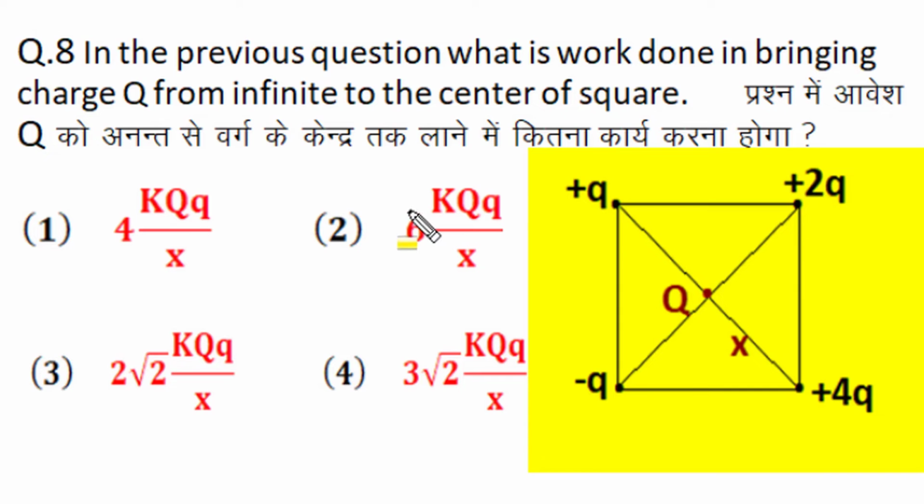So plus 6q charge will produce 6kq over x potential at this central position, and when we bring a capital Q charge from infinity to this position, the work done is Q into V, or 6kqQ over x. So option second is the right choice.